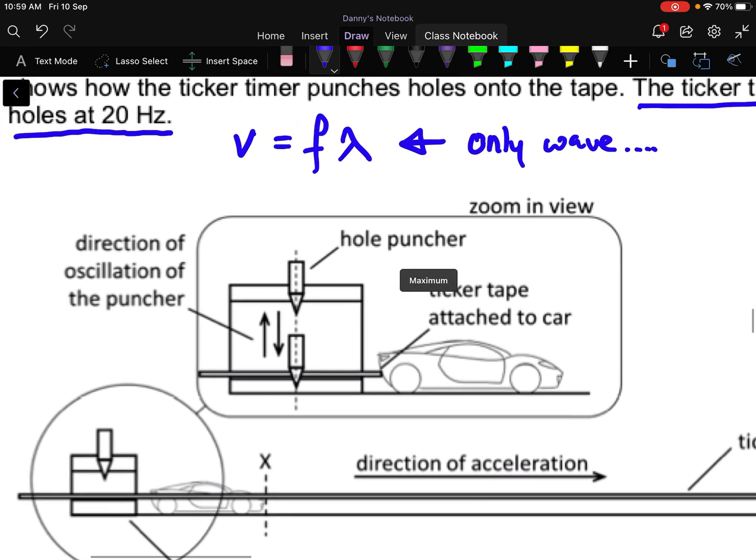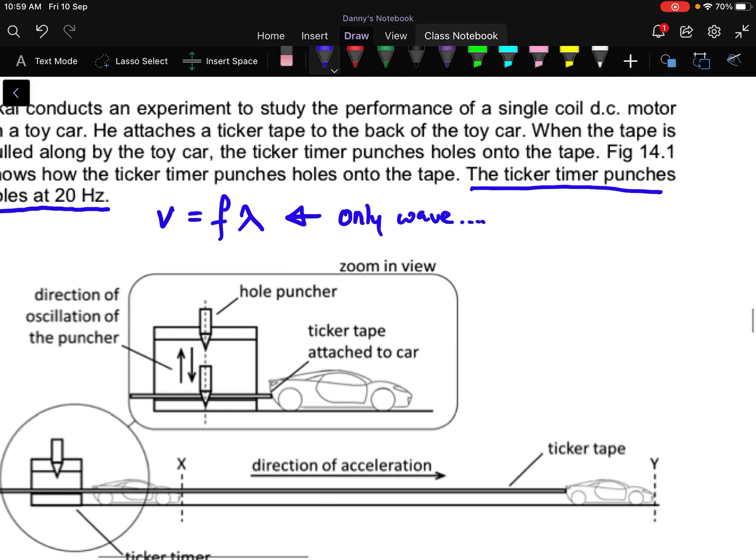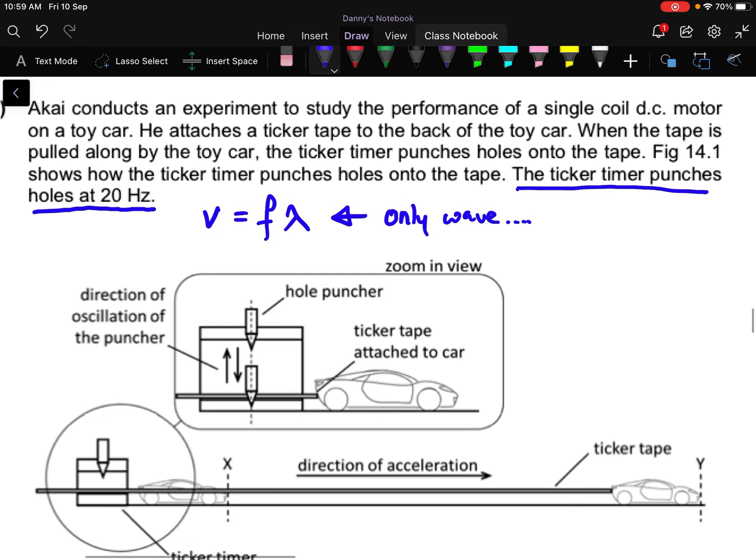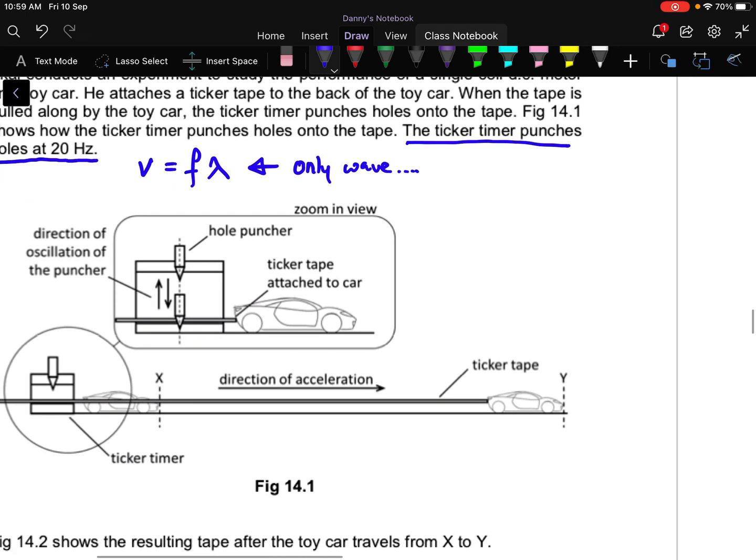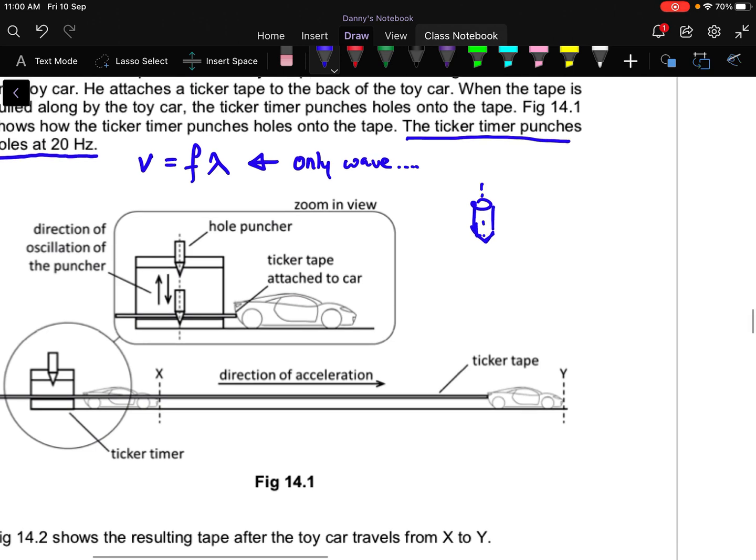So first, actually when I set this question, I also expected students to find it challenging. That's why I give this diagram over here. So what does a frequency of 20 Hertz mean? For example, how it works is that there is this puncher that will lower the pin down, right? In order for you to make a hole, obviously the puncher needs to go down and punch the hole.